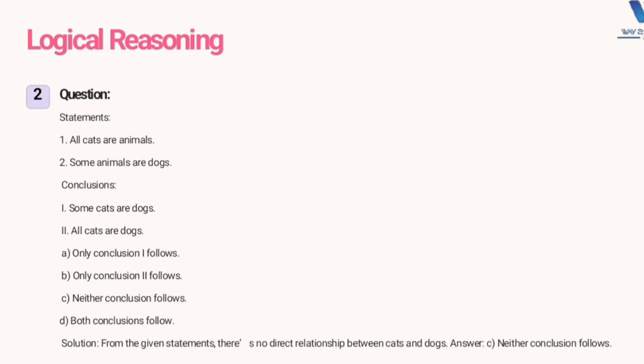Cat is the subject, animal is the predicate. So if you take these two, there is no direct relation between subject and predicate, so you cannot take a decision. Therefore, neither one is a conclusion. So option 3 is the answer for this one, right?